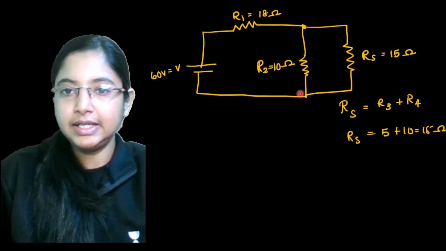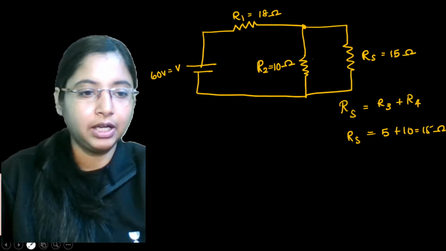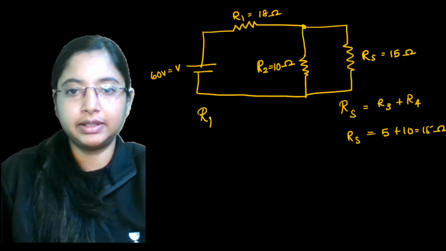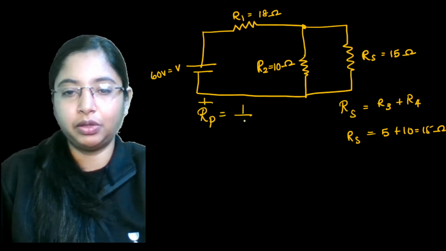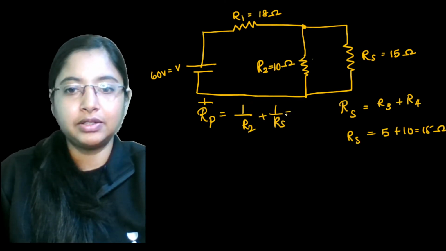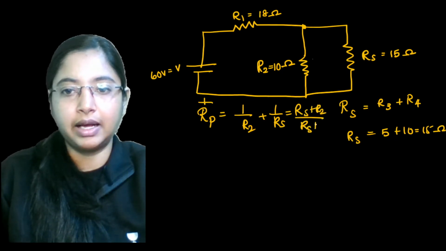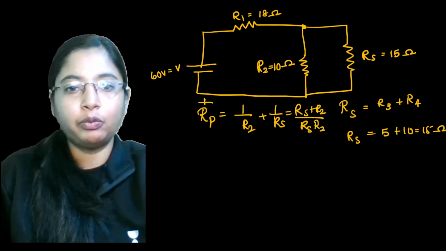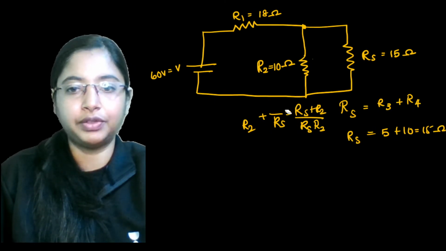Alright, now these two resistors are in parallel combination. Okay, so if these two resistors are in parallel combination, means you can take their equivalent resistance, and in case of parallel combination 1 by Rp will be equal to 1 by R2 plus 1 by Rs, right? Let's rearrange this. This will be Rs plus R2 divided by Rs R2. This is 1 by Rp. So if you're taking Rp, that is inverse of this, right?